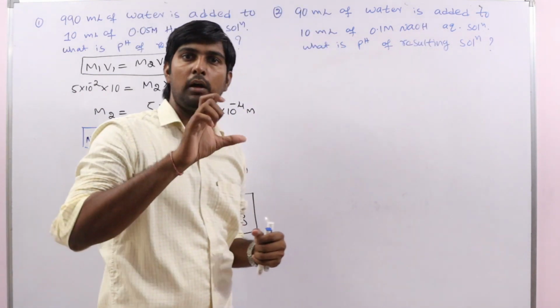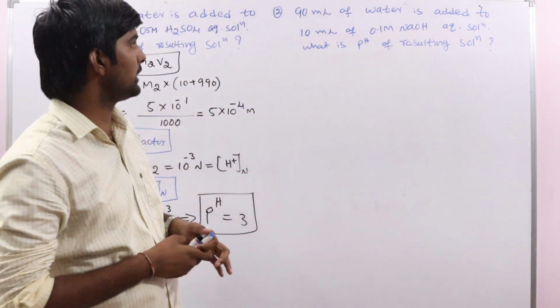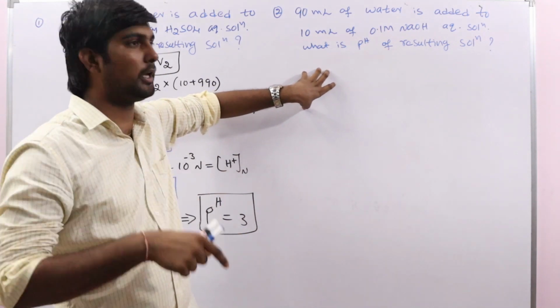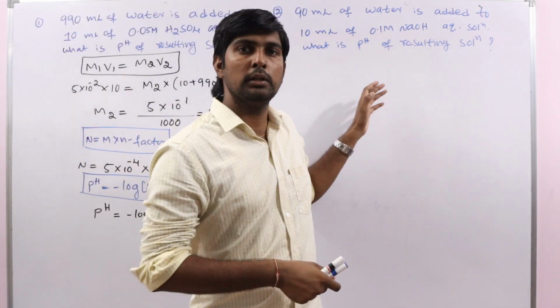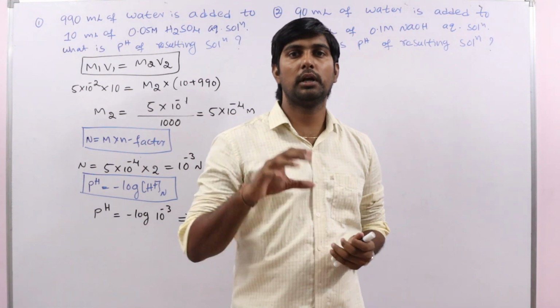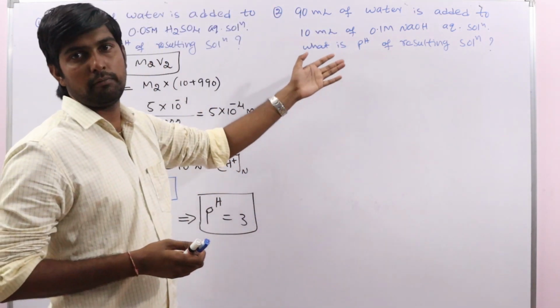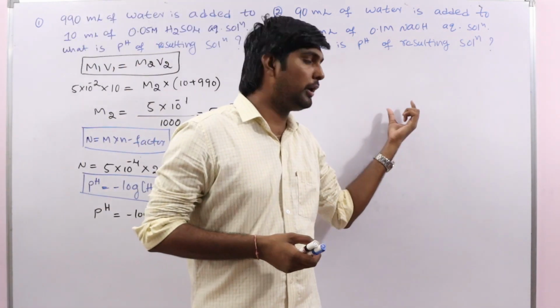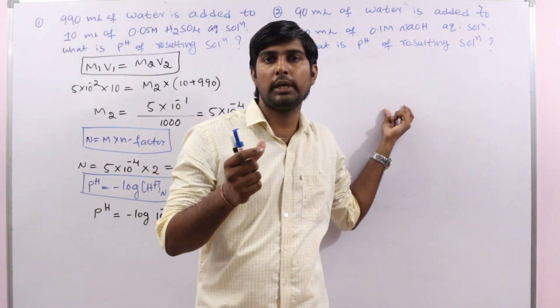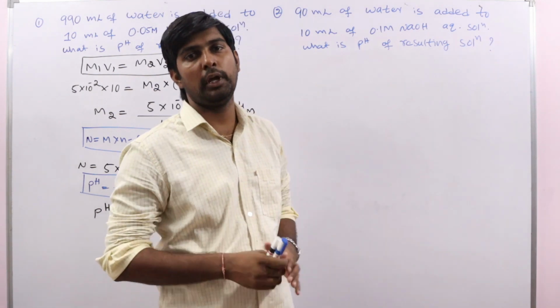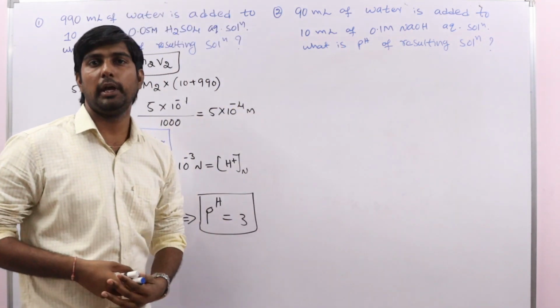So first we get the OH minus ion concentration, then we get pOH, and from that we calculate pH. Everywhere the information provided is different, but first we calculate the OH minus ion concentration, then pOH, and from that pH.